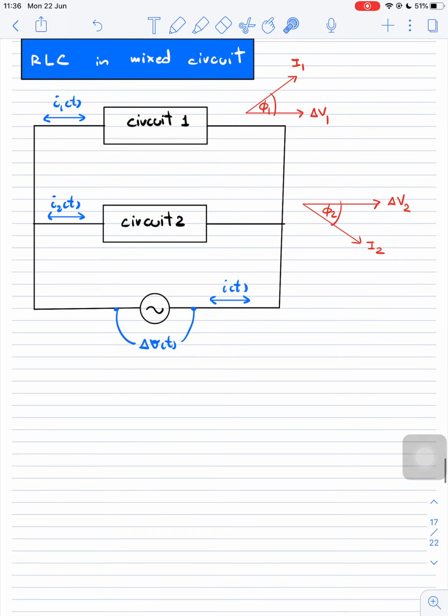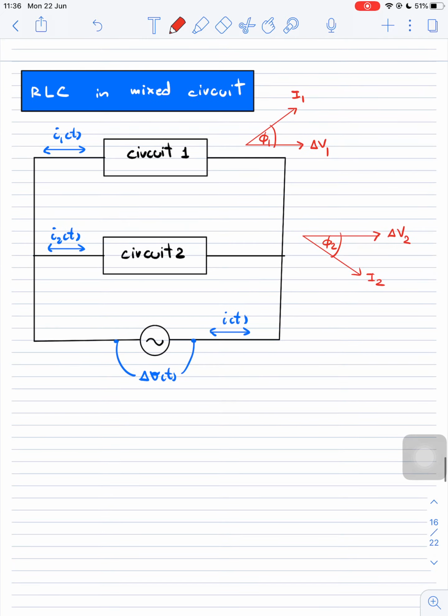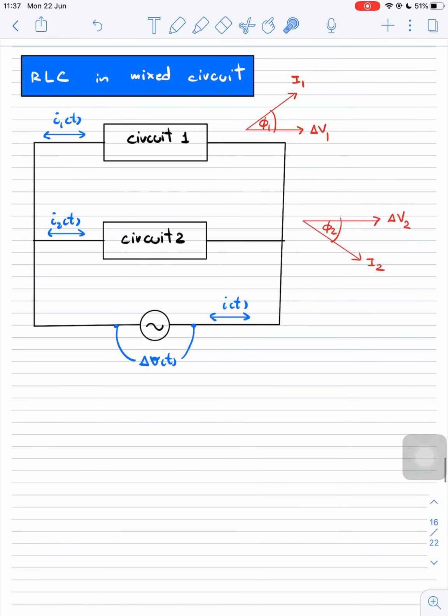So now I just want to make delta V a common variable. We know that delta V1 must be the same as delta V2 and must be the same as the maximum voltage amplitude of this delta V, right? So let's assume that it just equals delta V naught.